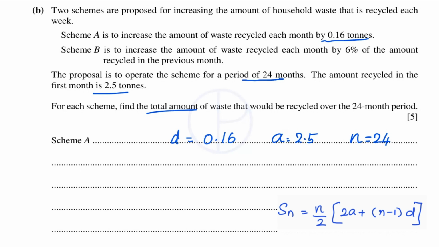Let's substitute. We need to calculate S24, which is equal to n divided by 2, so 24 divided by 2, multiplied by 2 times 2.5 plus n minus 1, so 24 minus 1, multiplied by d, 0.16.